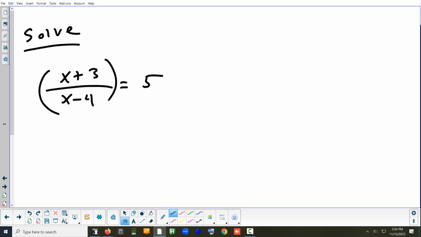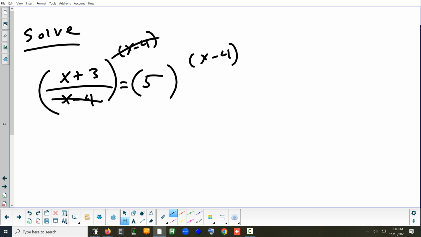What would you multiply the left side and the right side by? x minus 4. When you do that on the left, what's going to cancel? The x minus 1. Yep, that's gone. And on the right, what cancels? Nothing. There is nothing to cancel.